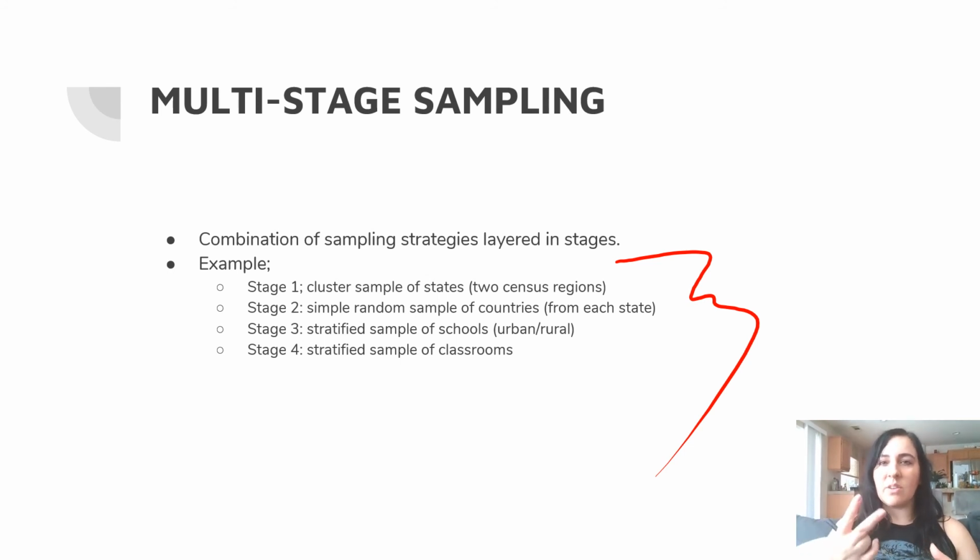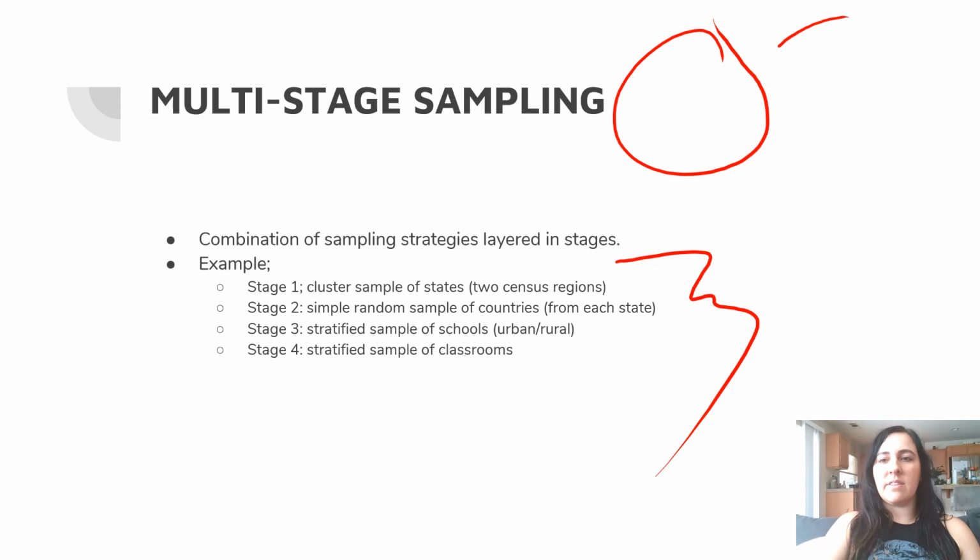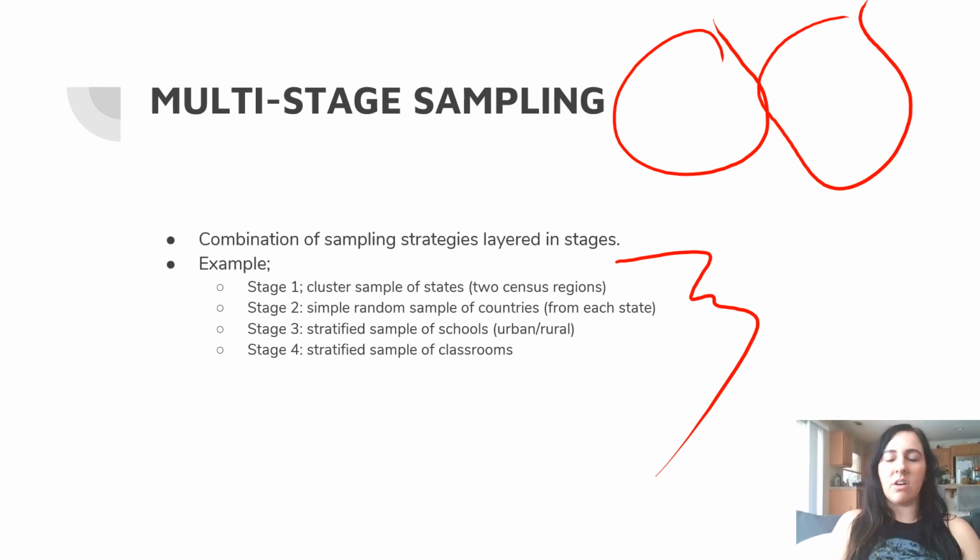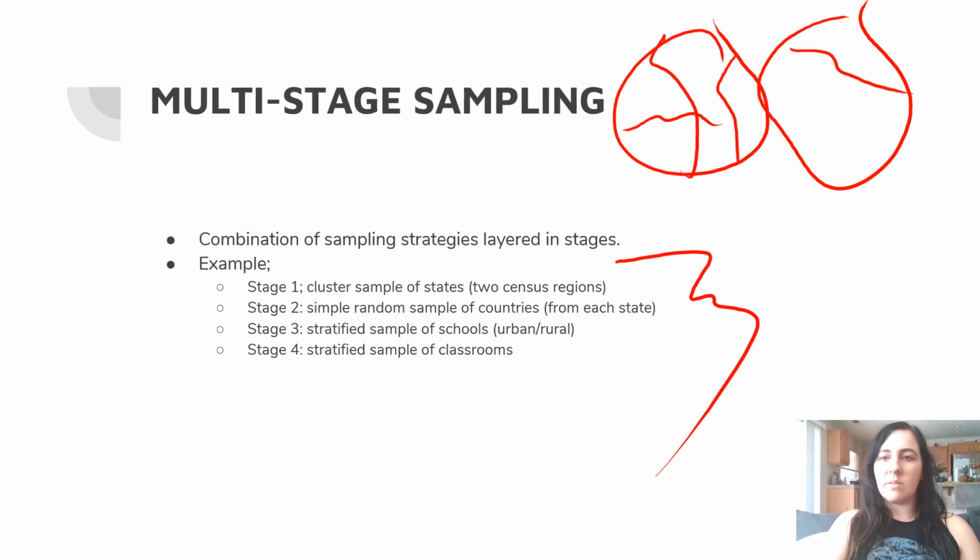Maybe you have 2 different states that are next to each other, and you can do cluster sampling with this. So you can break it up into its different parts, different regions, and then you can choose a couple sections.